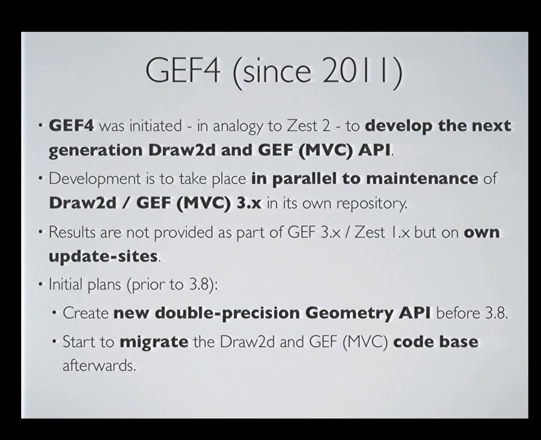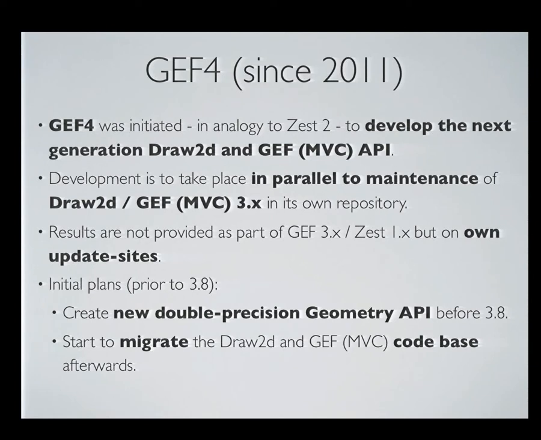And our plans before the 3.8 release were that we should start with developing a new double precision geometry API, because the one that is contained in Draw2D is a mixture of integer and double precision, and it's quite messy, not good to use, and very limited.